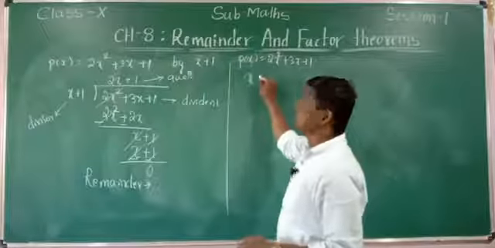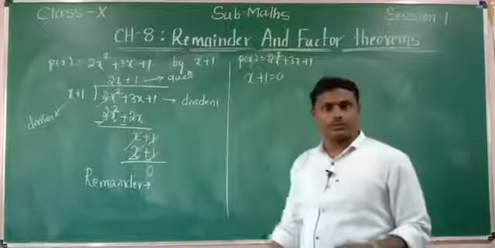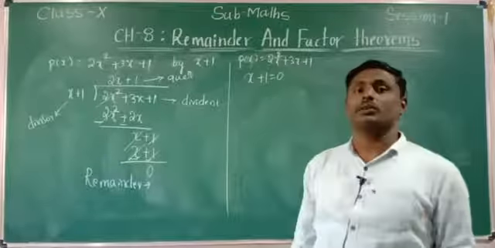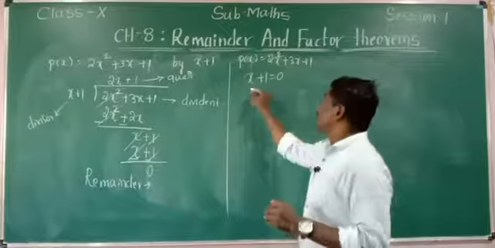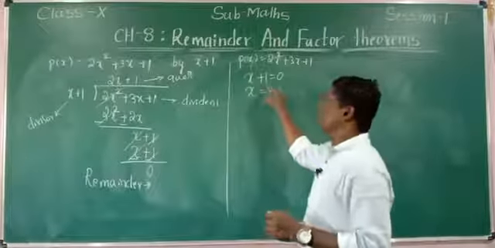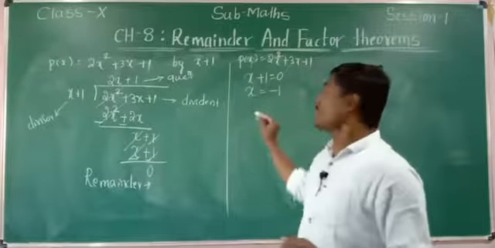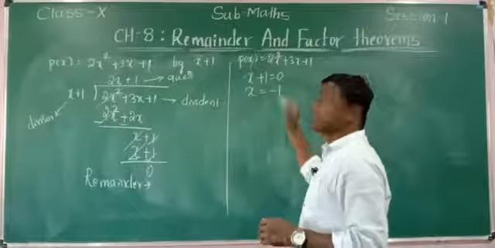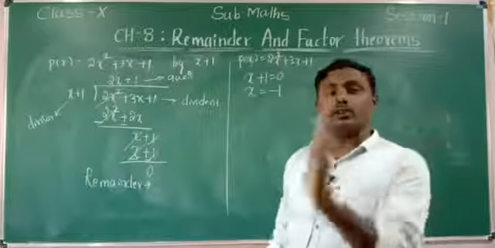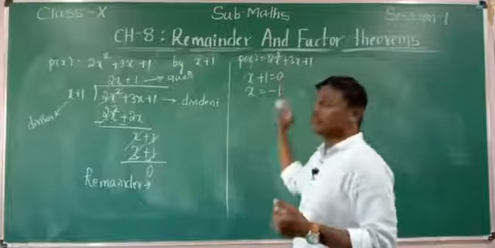So consider that x plus 1 is equal to 0. Then x is equal to minus 1. When I am taking this numerical value from the LHS to the RHS, the sign will convert, positive to negative, negative to positive. So x plus 1 is equal to 0, then x is equal to minus 1.